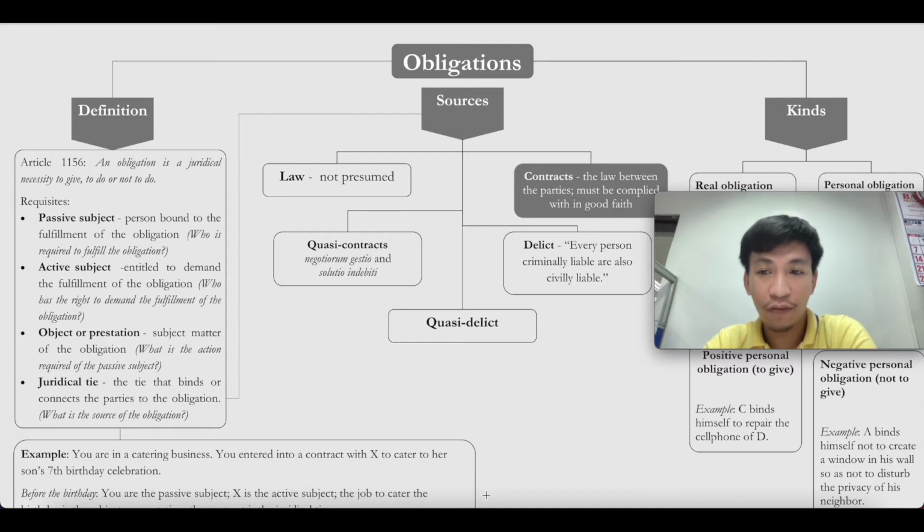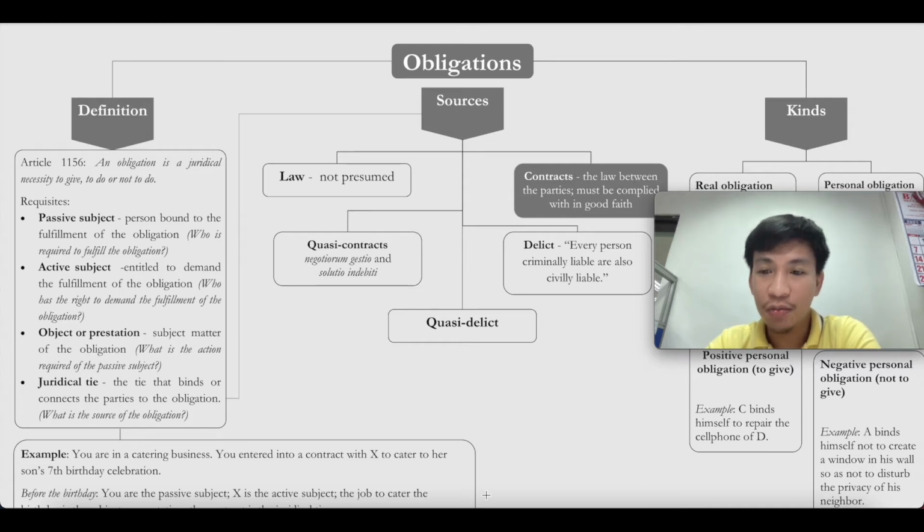Or in short, if we put that in question form, who is required to fulfill the obligation? We will give examples later so that you will understand kung ano itong mga tinutukoy natin. But basically, passive subject is sino ba ang dapat mag-fulfill ng obligation niya in this case.